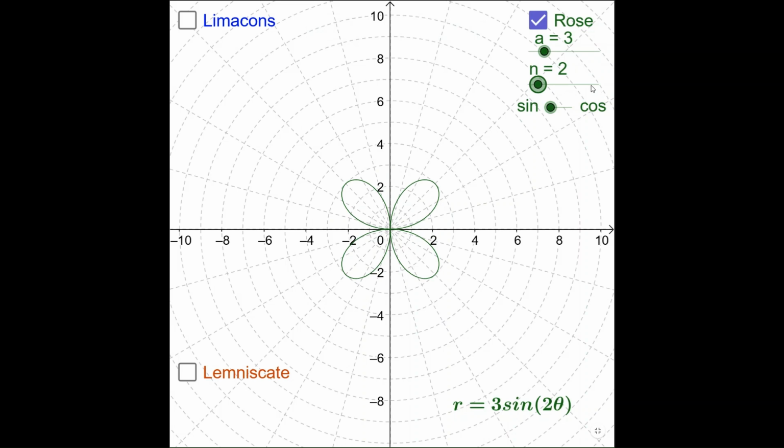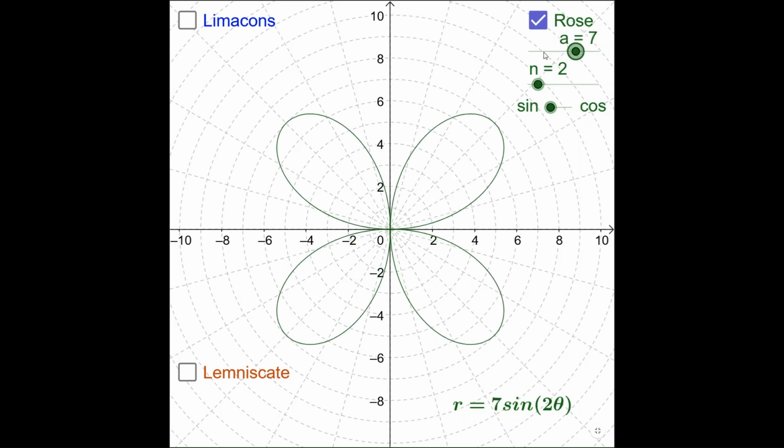So let's see what would happen if we change that a value. Okay, so as a gets bigger, what happens to the petals? So say we wanted to look at the equation r equals 7 sine of 2 theta. We still have 4 petals. They all connect at the origin. They're all at 45-degree angles in each quadrant.